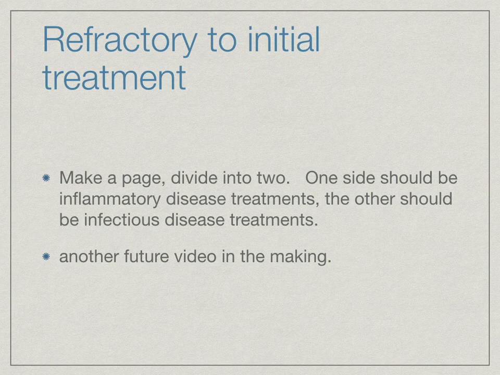The upper 3/4 should be inflammatory disorders, and the lower 1/4 should be infectious disease disorders. And start making notes on the important ones you encounter in your QBank explanations. And I will also make a future video about this.